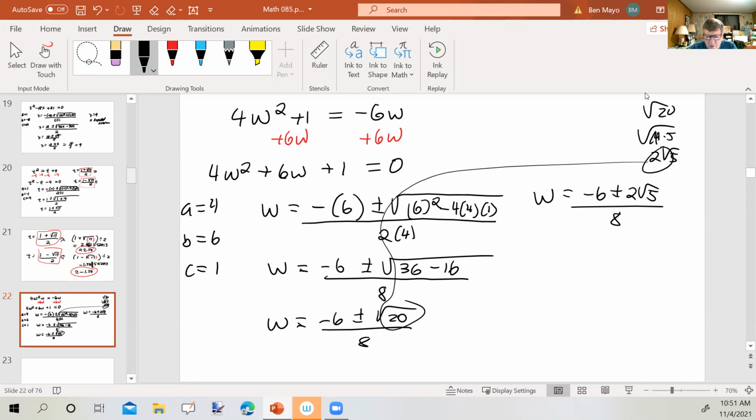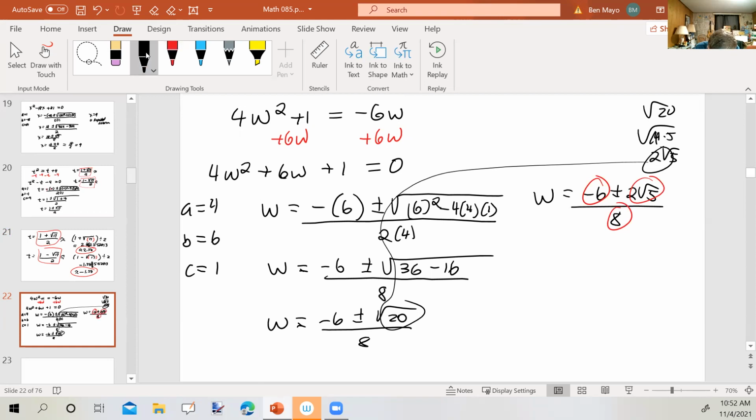Now, if we're just going to go straight to the decimal answer, we could use this and get the correct decimal answer. But if we want the exact answer and we want it simplified, we need to look at the fact that negative 6, 2 square roots of 5, and 8, they're all even, which means I could reduce them down by a 2.